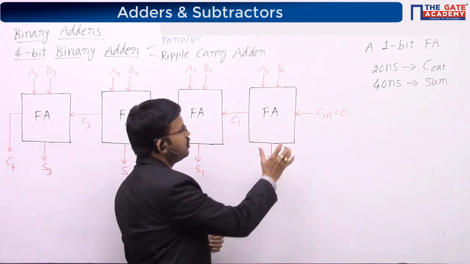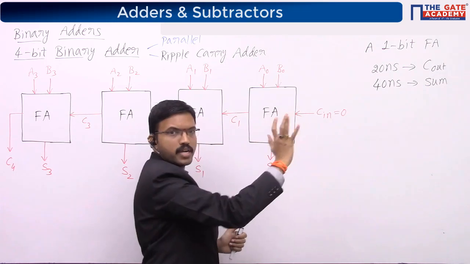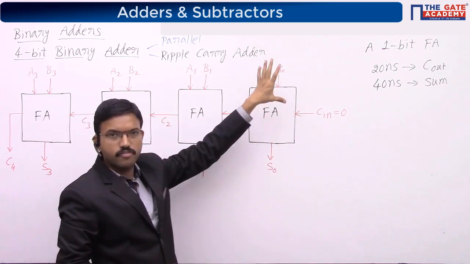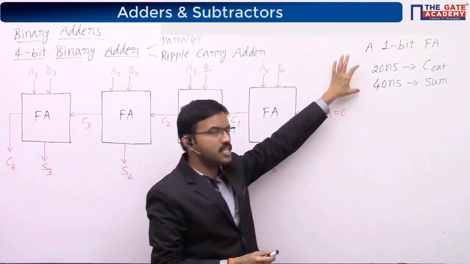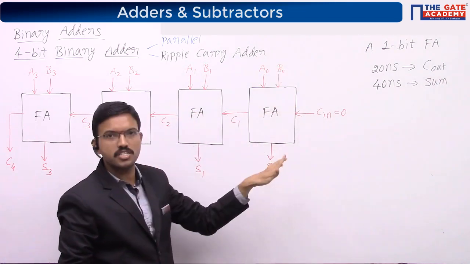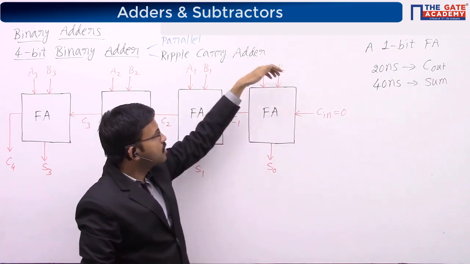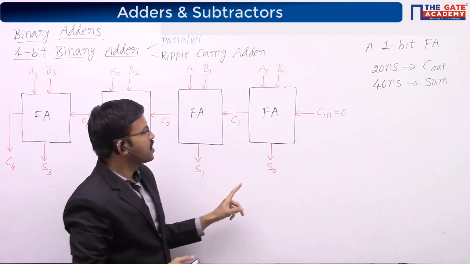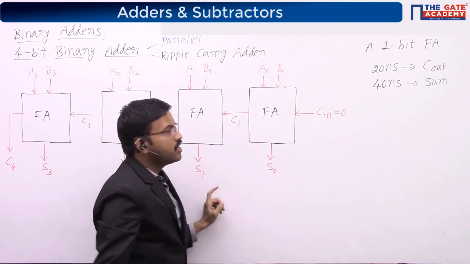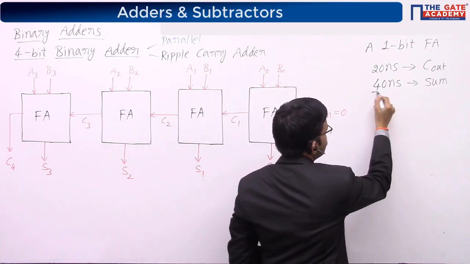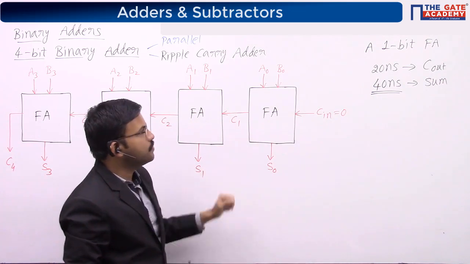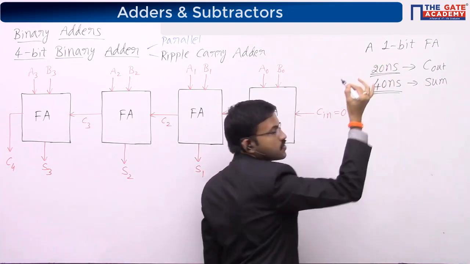The information given is about one particular full adder, the first stage, where Cin is 0. The moment you give the A and B inputs, producing sum takes 40 nanoseconds and generating carry takes 20 nanoseconds.